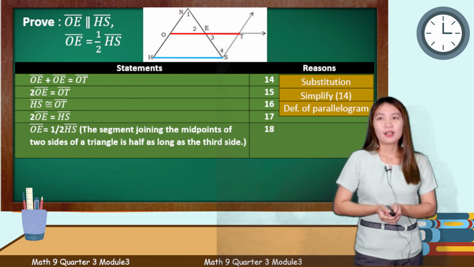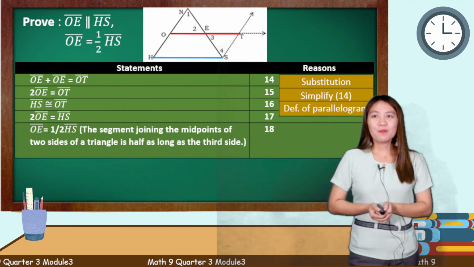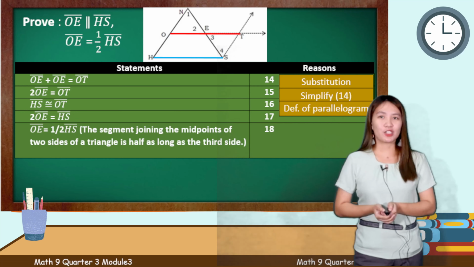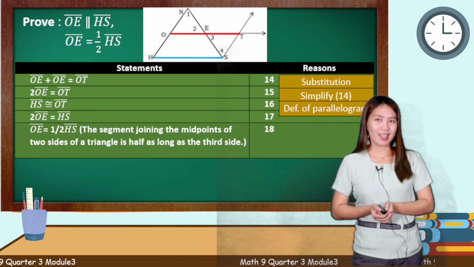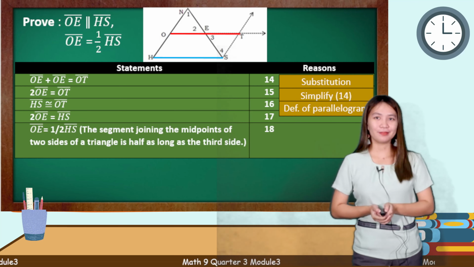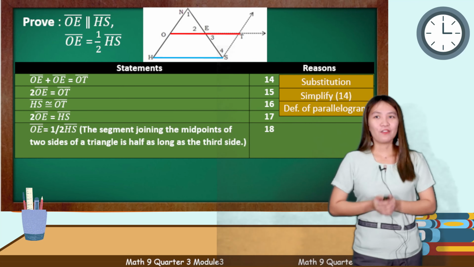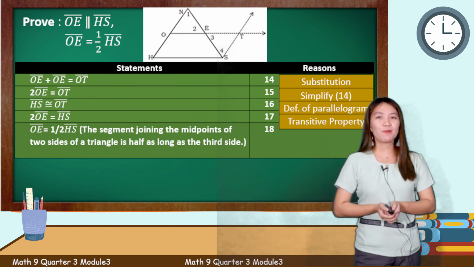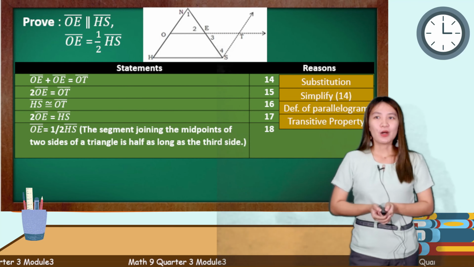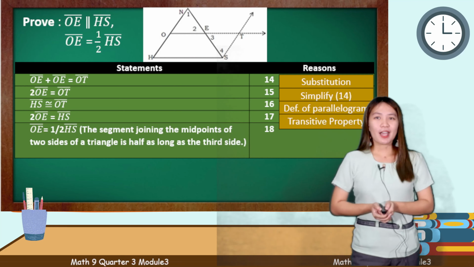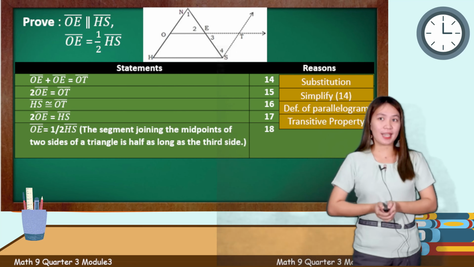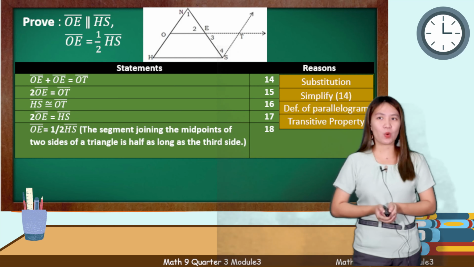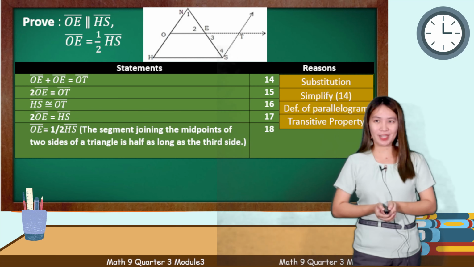Next, twice the measure of segment OE is equal to segment HS. Why? Very good. That is because of transitive property of equality. So, looking back at your statements 15 and 16, it says there that twice the measure of segment OE is equal to segment OT.